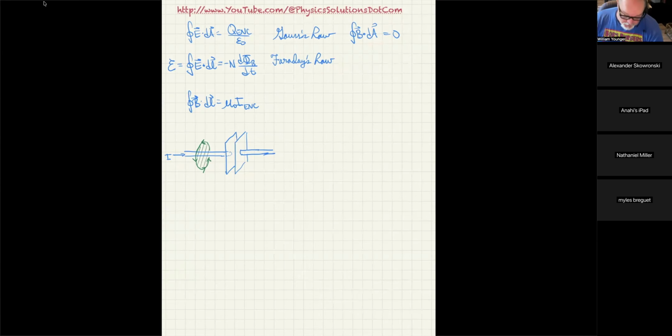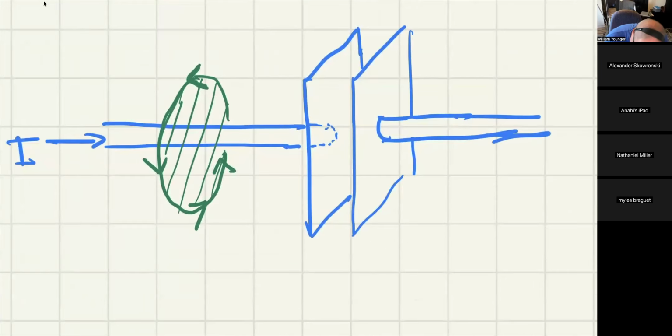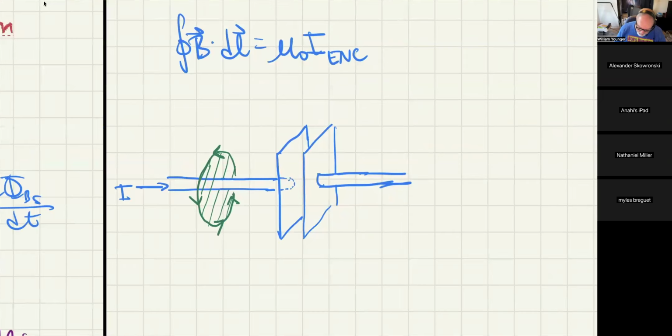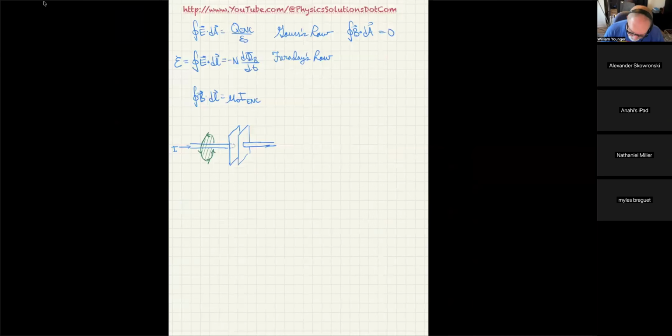And that's fine because the current clearly penetrates that, right? If I wanted to draw it accurately, I'd need to not show the magnetic field lines going back here, and just show the wire going here. So you can see that the wire literally penetrates that flat surface.